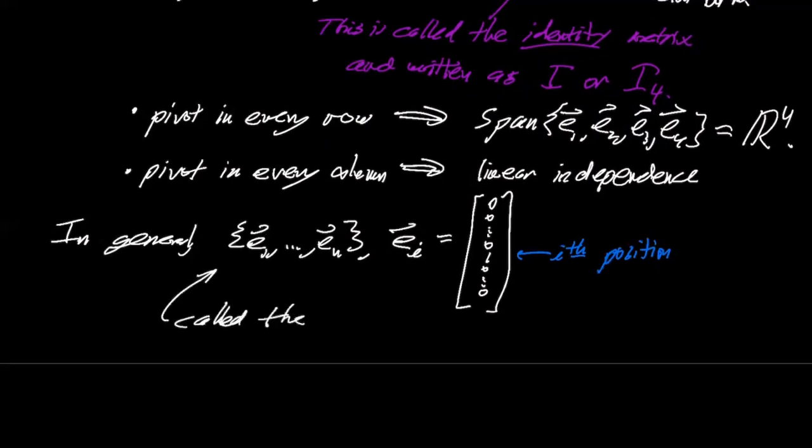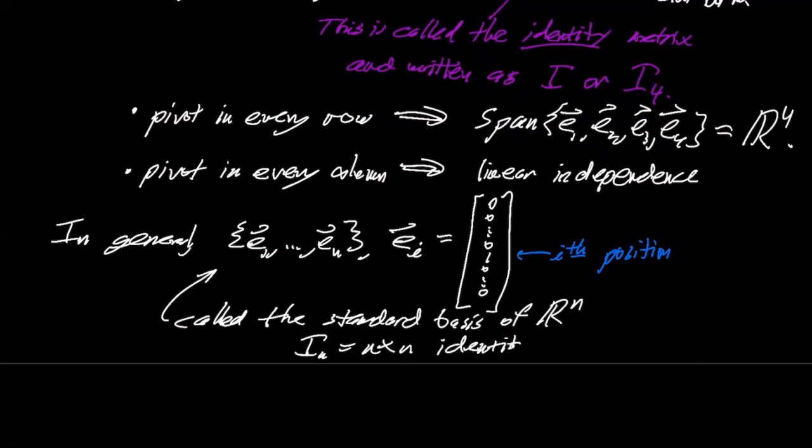And the matrix of them is called the n by n identity matrix, or just I and not In if the context is clear. It's going to be useful to have all this terminology, but I will stop there.